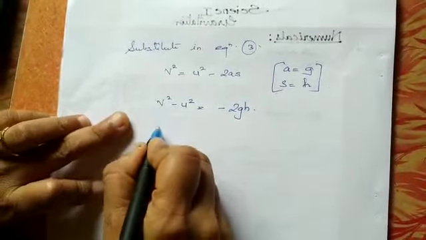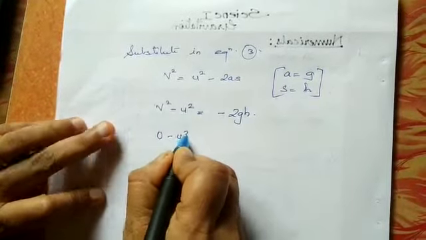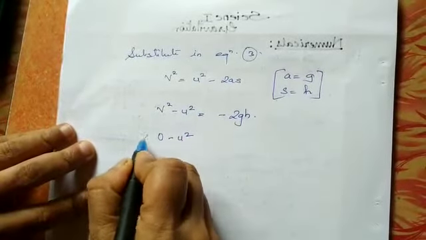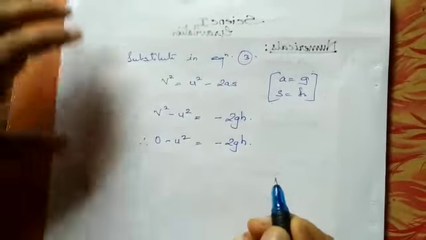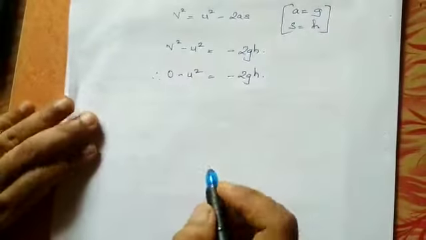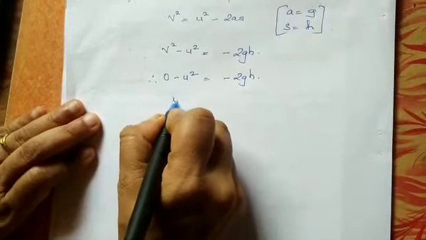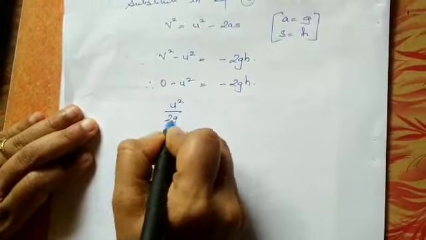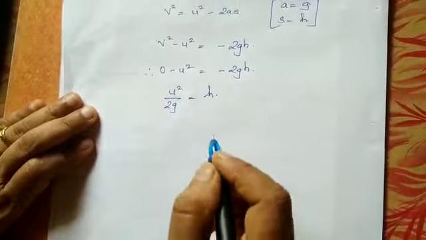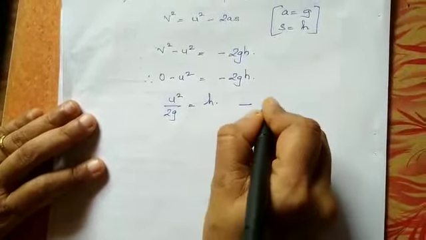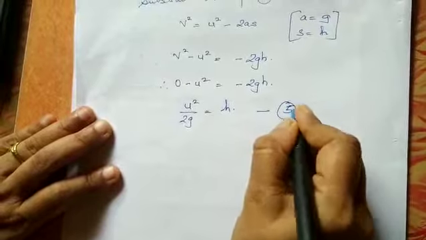V is 0, so minus U square is equal to minus 2gh. So U square upon 2g is equal to h. So this has become equation 5.